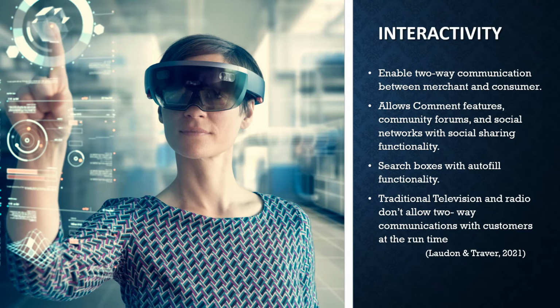All these allow you to interact with people and to share your information with a wide audience. And there are features like search boxes with autofill functionality, where you can just start typing and it will provide you the information about that website, which was not possible in the traditional way of communication like television and radio.